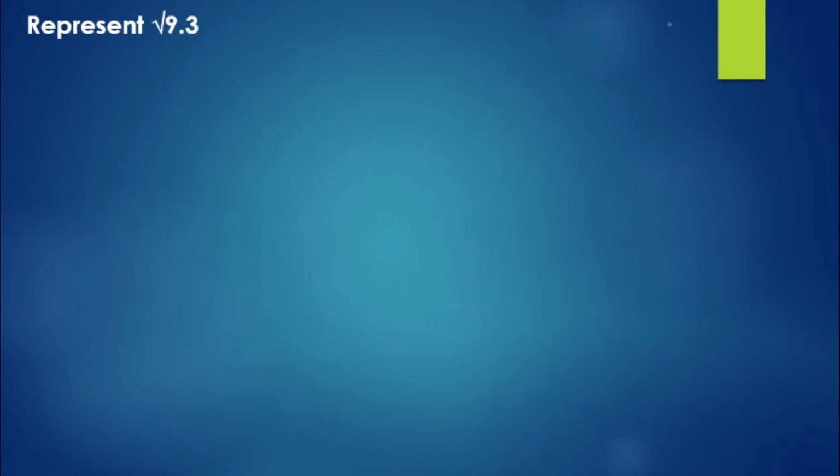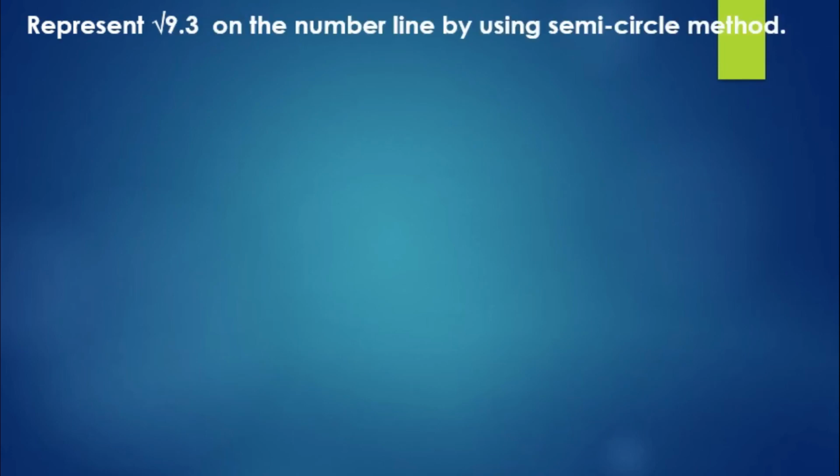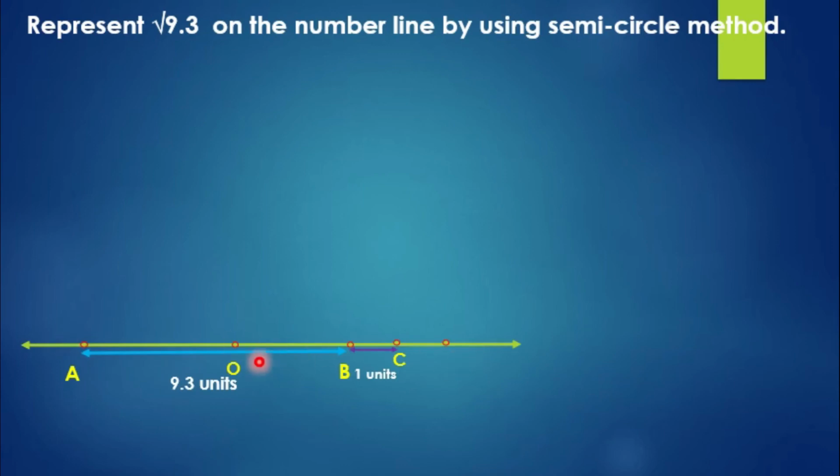Represent square root of 9.3 on the number line by using the semicircle method. Step 1. Draw a line and mark point A. Step 2. Mark a point B such that AB is equal to 9.3. Step 3. From B at unit distance, consider a point C on the number line. Step 4.